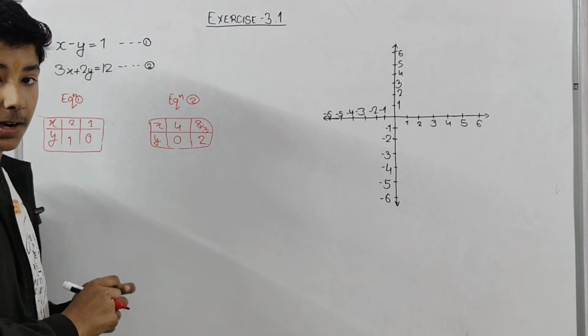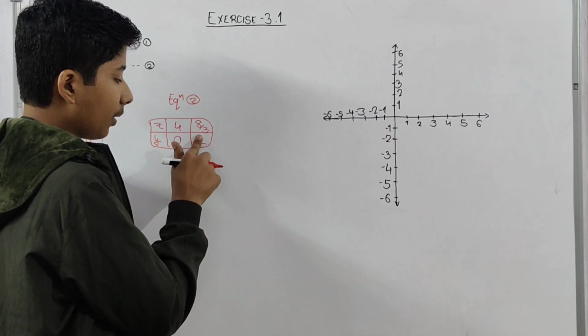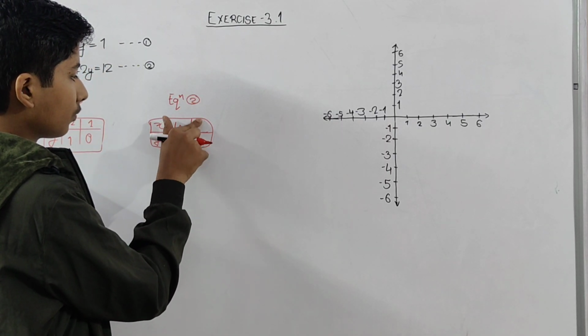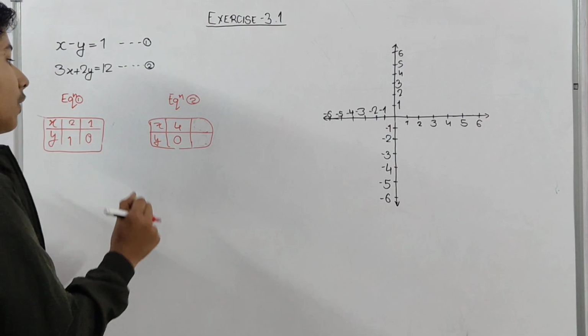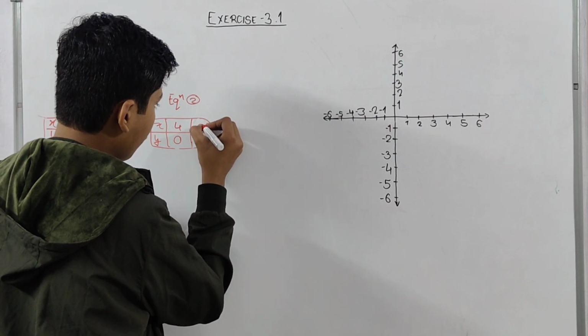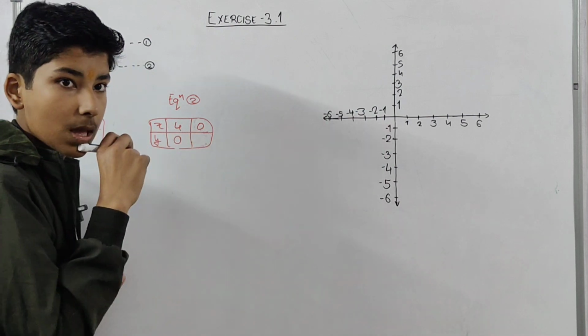So firstly we'll try to get a simple number. We'll put the value of x as 0.